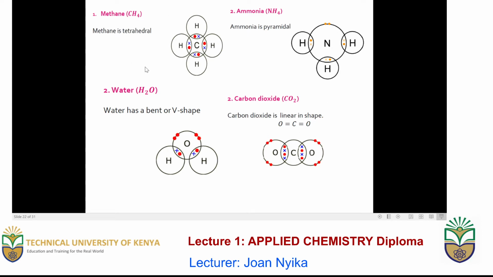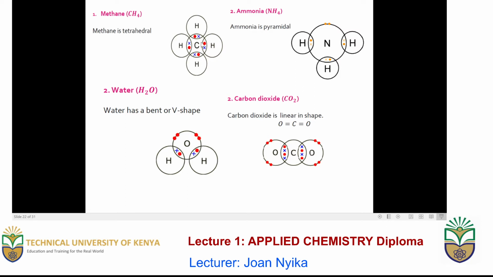I have given 4 examples, methane, ammonia, water, and carbon dioxide, to show how the electrons are shared between the various elements so that all of them get an octet, or a duet state in the case of hydrogen and helium. Have a look at the case of methane.